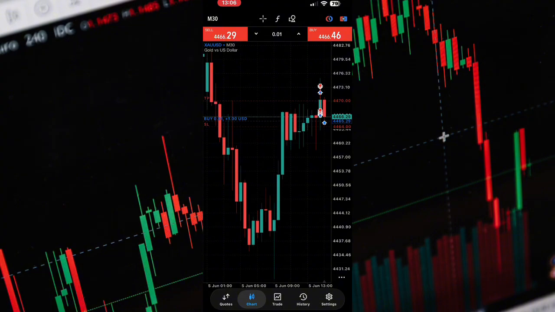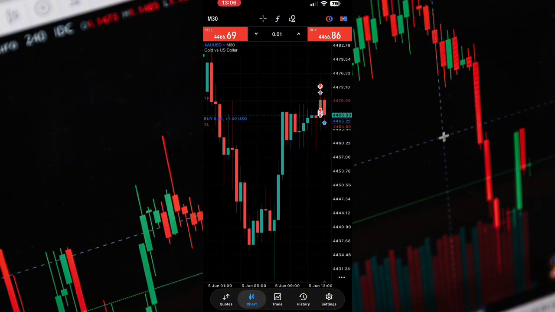Sometimes market manipulators can manipulate the market and it will go against you. You cannot be 100% accurate when it comes to forex. If you are a good trader, it is 90-10. You are 90% accurate and 10% wrong. So that's why you put your stop loss in case the market does not go in your favor.